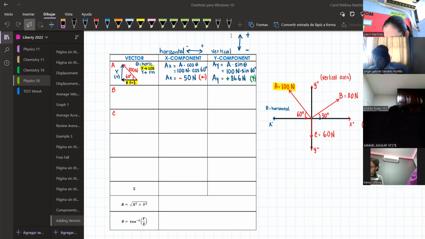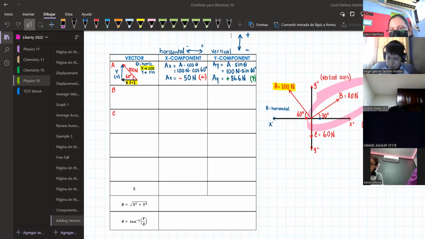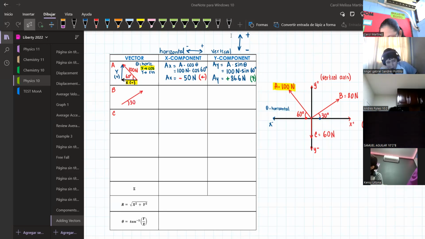Now we work with the second vector, the vector B. B is 80 Newton. So first I'm going to put it here in the table. My vector B has an angle of 30 degrees and it measures 80 Newton. What type of angle do I have in B? What is the axis that it is touching?